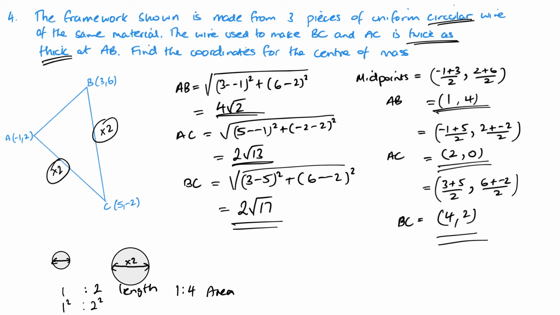Another way to think about it is giving it a value. If the radius on this one was 1, the radius of this one is 2, but the area is pi r squared. So we've gone from a 1 squared to a 2 squared. So it's now 4 times as big. So this is just something that we need to be aware of.